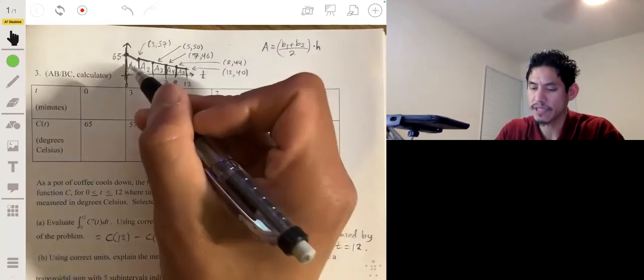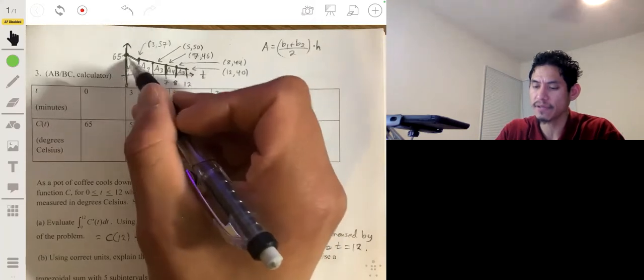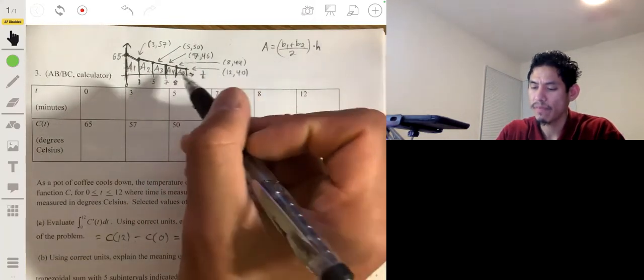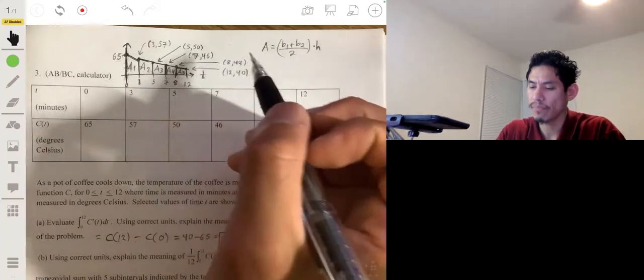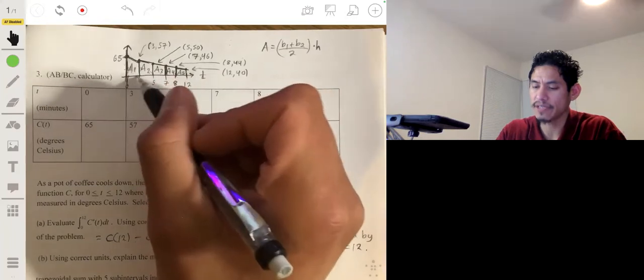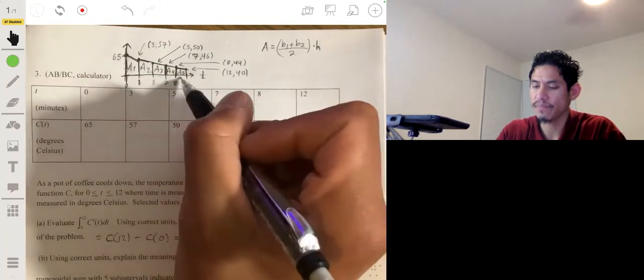So now the bases are the y values and the heights are these values here.